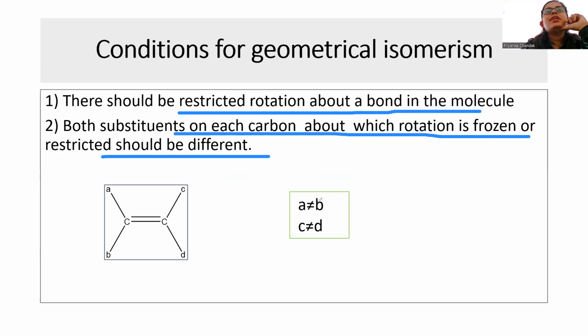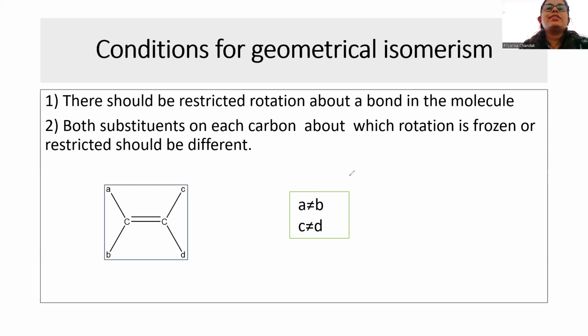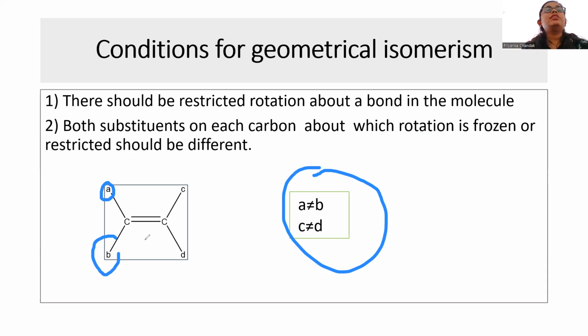If a double bond is there, then you have to consider the atom attached to the first carbon and the atom attached to the second carbon. They should be different. Then it shows geometrical isomerism. That's why here in the box I have written A is not equal to B.